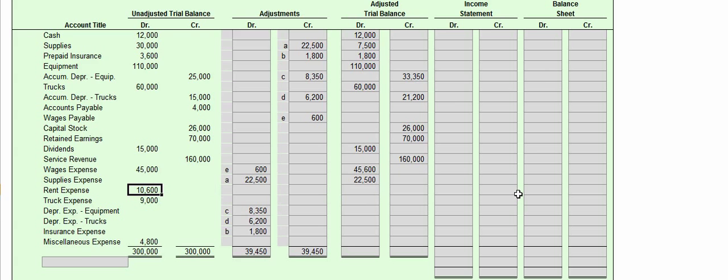Rent expense, a debit balance on the unadjusted trial balance, no adjustment, so that remains the same at $10,600. Truck expense, a debit balance of $9,000 on the unadjusted trial balance, no adjustment, so it comes over as $9,000.